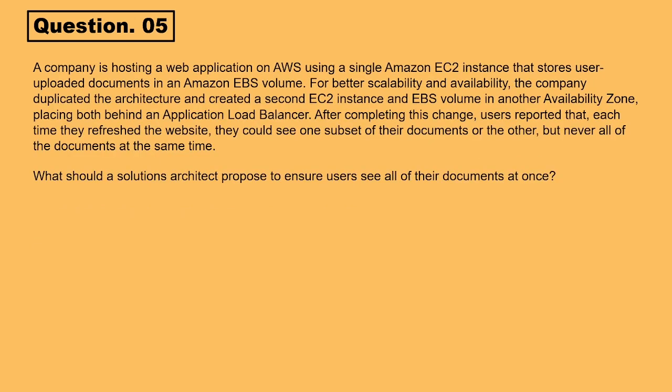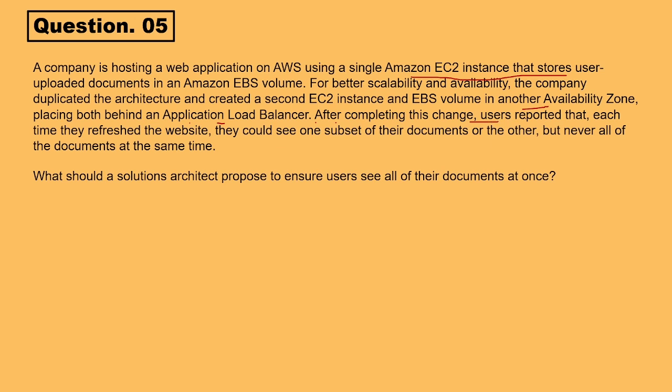Now, question number 5. A company is hosting a web application on AWS using a single Amazon EC2 instance that stores user uploaded documents in an Amazon EBS volume. For better scalability and availability, the company duplicated the architecture and created a second EC2 instance and EBS volume in another availability zone, placing both behind an application load balancer.